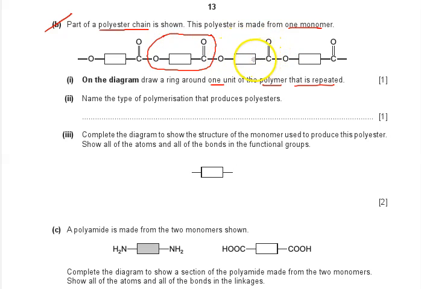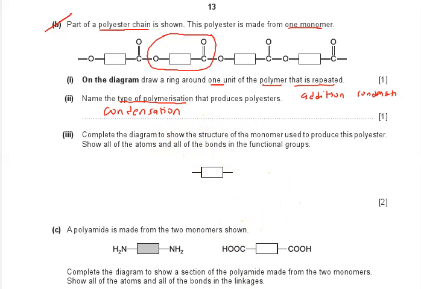Polymerization has two types, and they are asking for the name of the type of polymerization. One is addition, and then there is condensation. For this type, it is certainly a condensation type. Condensation means both of them will be combining with the loss of water.